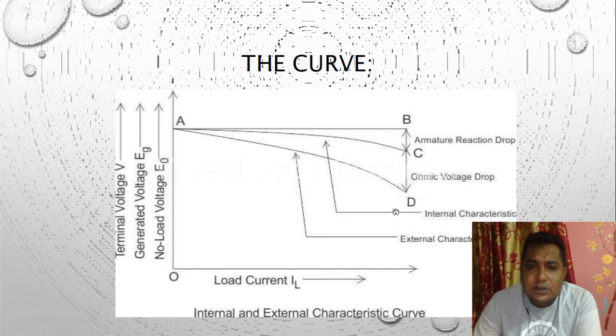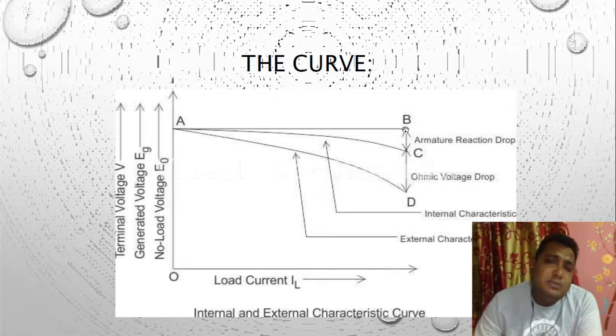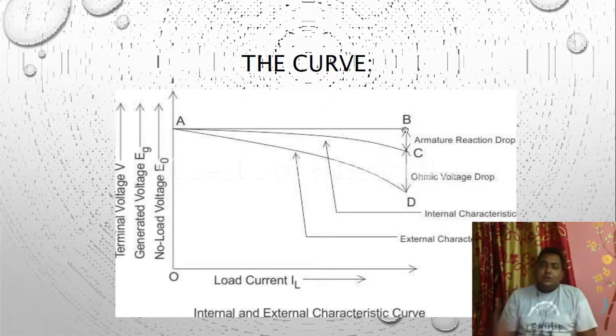This is known as the external characteristics, where there is inclusion of ohmic loss. This is the internal characteristics, where only the armature reaction drop is included. And here is the no load voltage, where no drops are present.